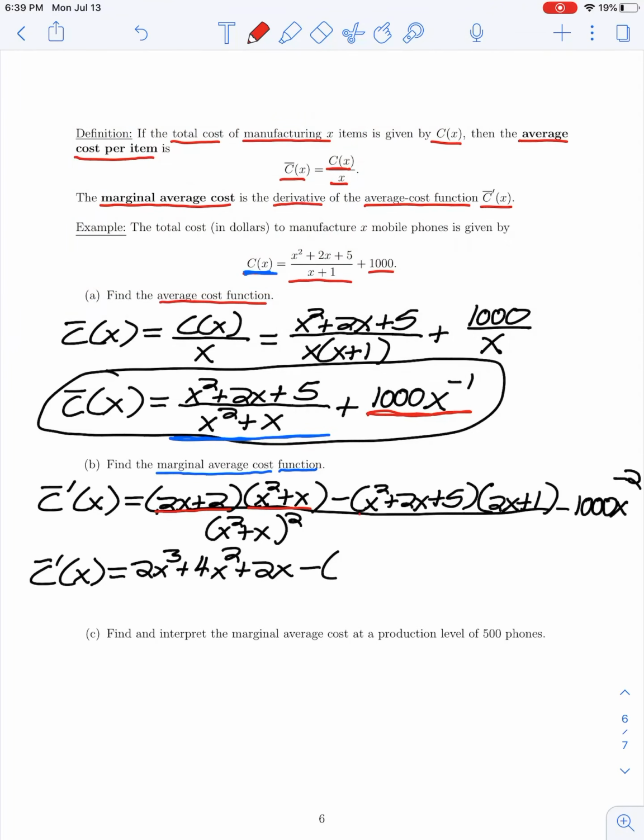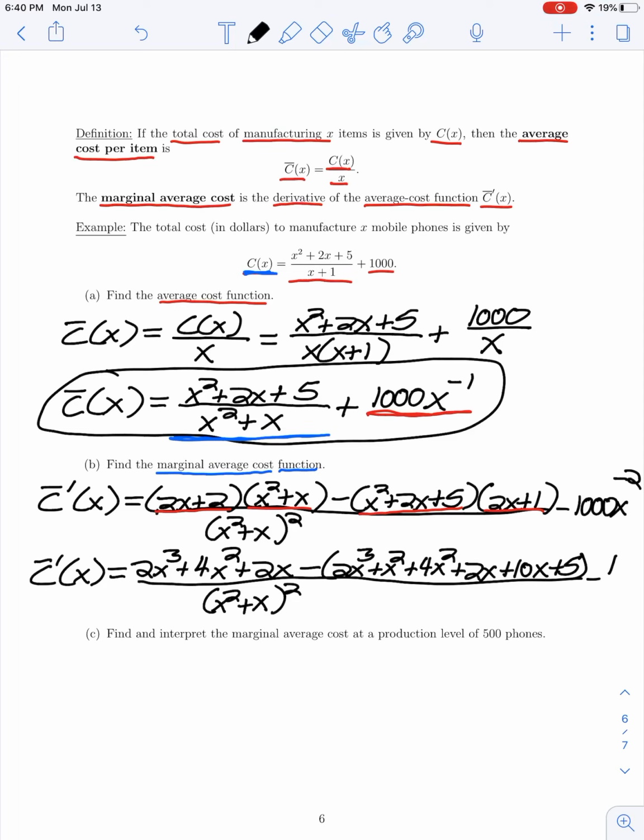Well, if I expand the product of these two terms, I have 2x cubed plus x squared plus 4x squared plus 2x plus 10x plus 5. Still all over our denominator, which was x squared plus x quantity squared. And my term on the end, our negative 1,000x to the negative 2, I can rewrite as minus 1,000 divided by x squared.